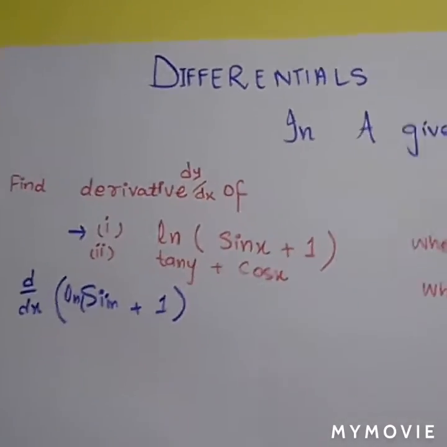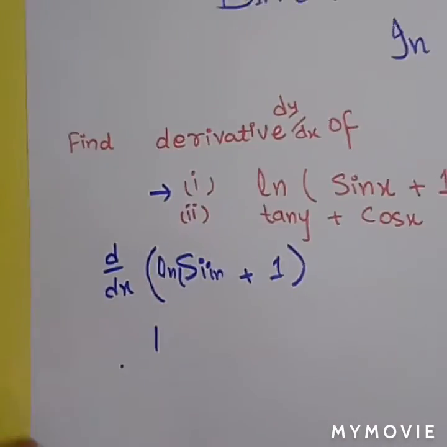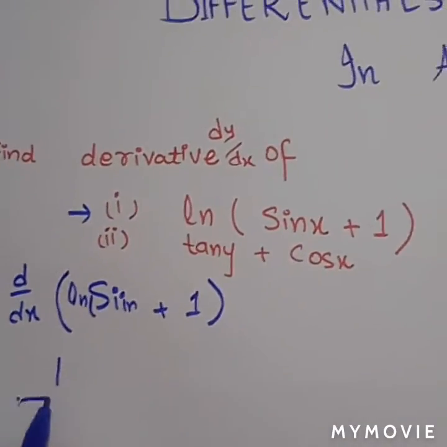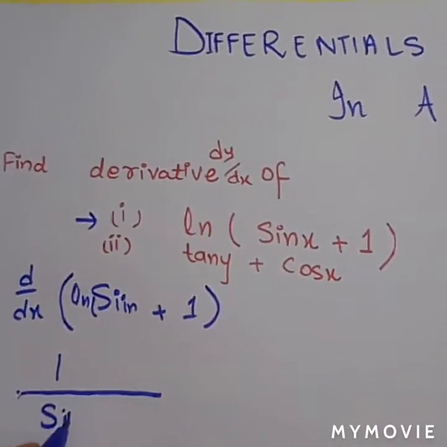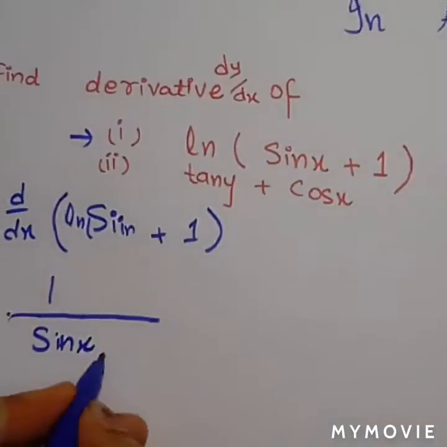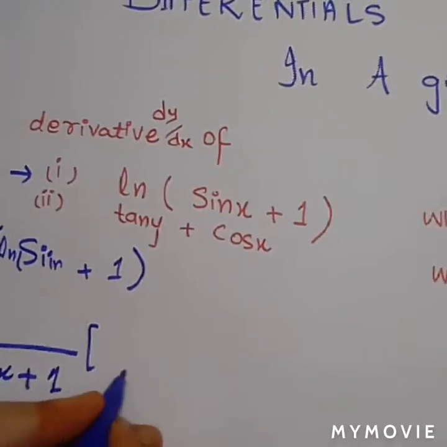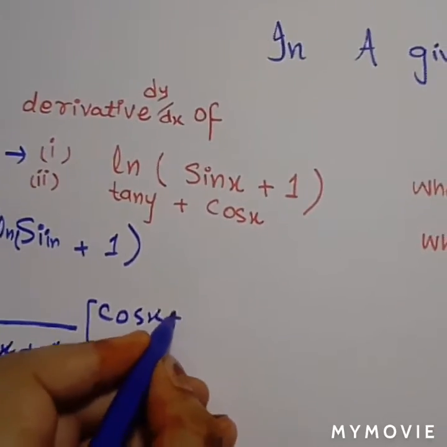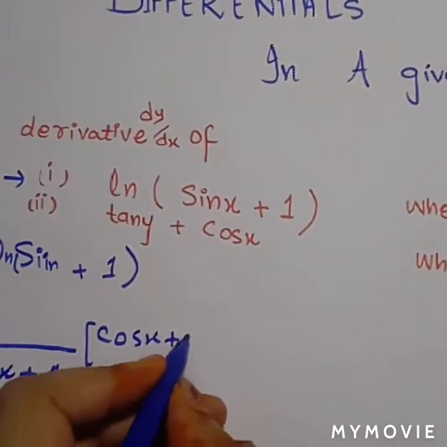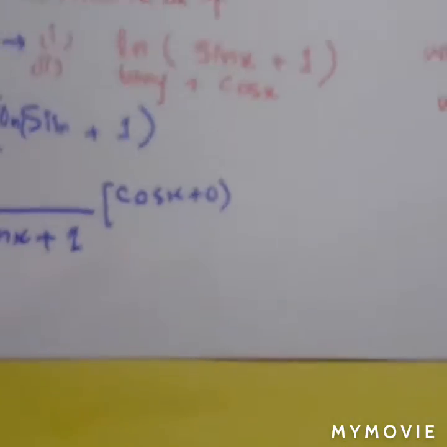When we apply derivation, there is the reciprocal of the whole function, sine of x plus 1, and then the derivative of the inner function, we get cos of x plus 0 because it is a constant. If we write it or not, it's not any problem.